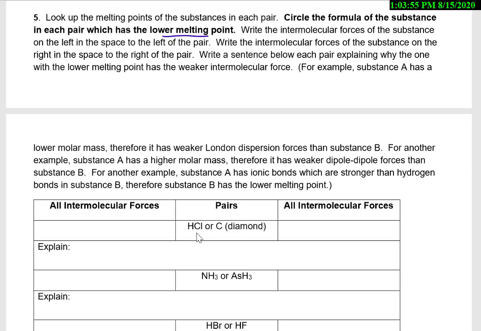For example, HCl, we know that it's going to have London dispersion forces. It's also two different atoms attached, which means it's going to be polar. So it's going to have dipole-dipole. It's not going to have hydrogen bonding because the hydrogen is not attached to an F, O, or N. So it just has London dispersion and dipole.